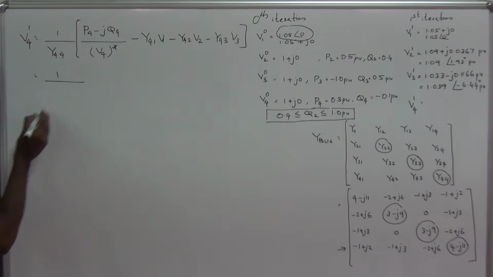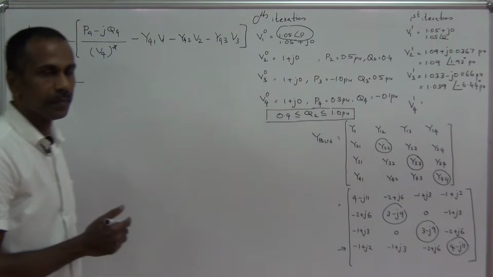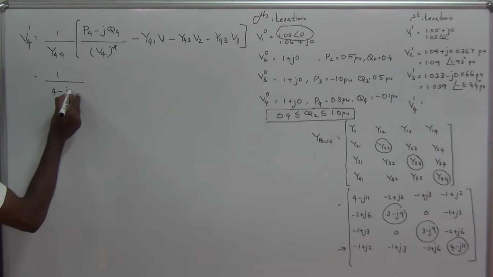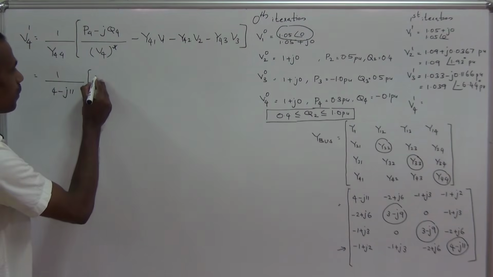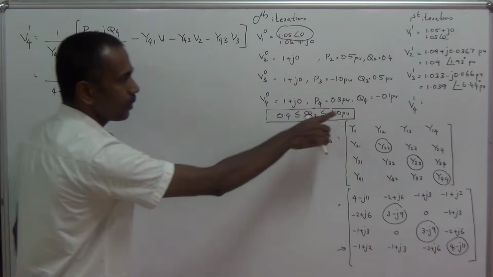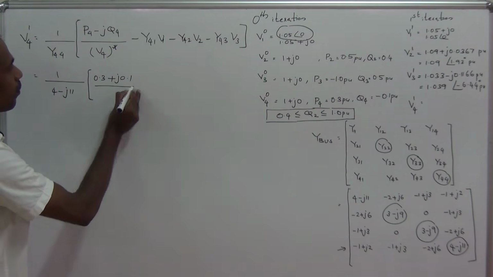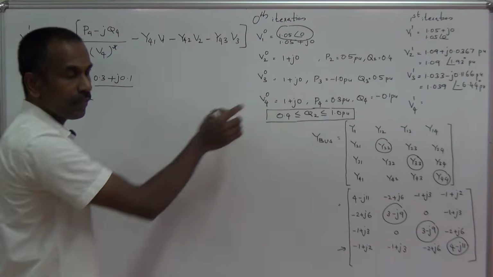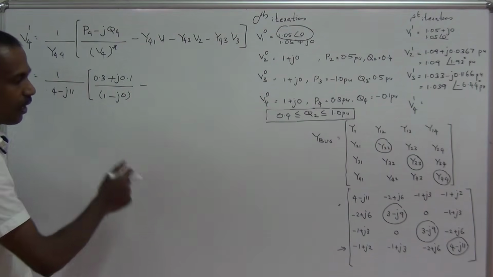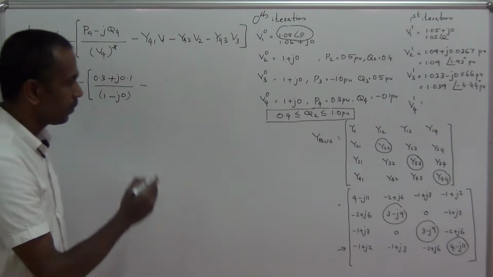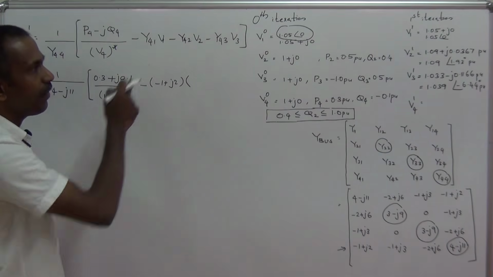This is equal to 1 by Y44, which is 4 minus j11. P4 minus jQ4: P4 is 0.3, Q4 equals minus 0.1, divided by V4 conjugate, which is 1 minus j0. Minus Y41 V1: Y41 is minus 1 plus j2 into V1.